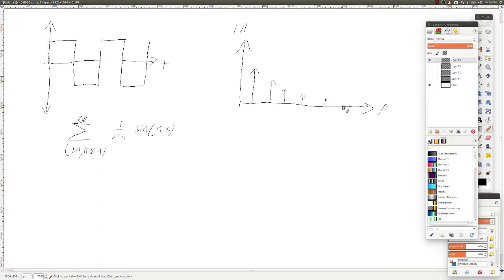It's a set of impulses at the odd harmonics with an envelope of 1 over x. The idea being here that you can represent a relatively complex function using basically a set of coordinates. It's a very, very simple way of representing information.